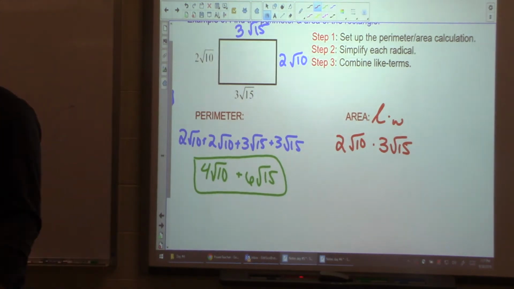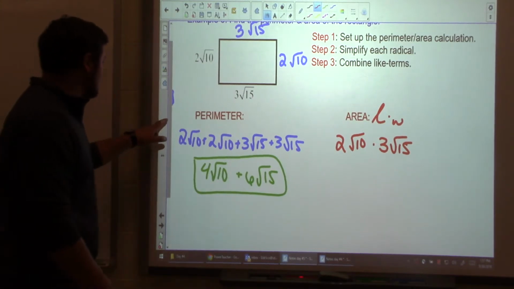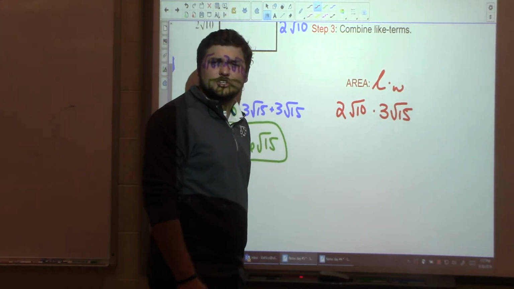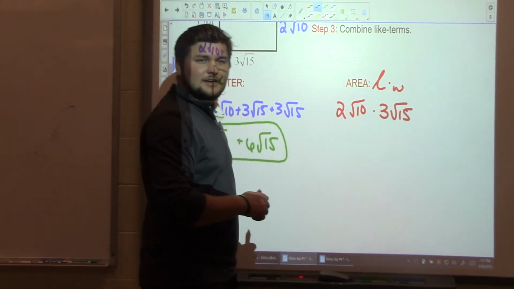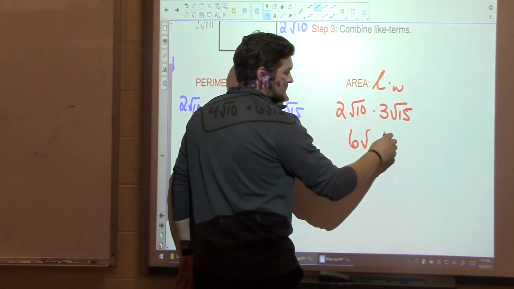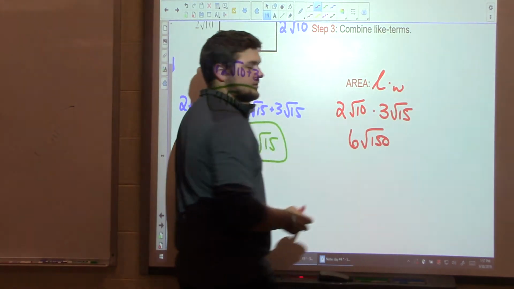If I do that multiplication, Haley, what do I get? If I multiply those two things? 6 square root 150, right? We multiply the whole numbers, and we multiply what's under the radicals.